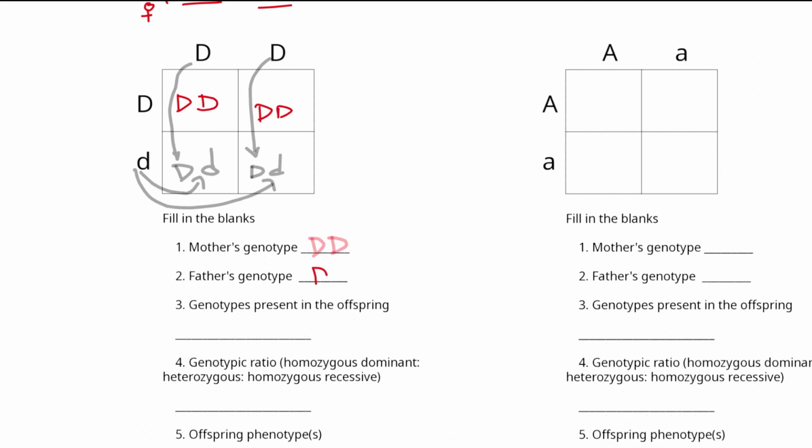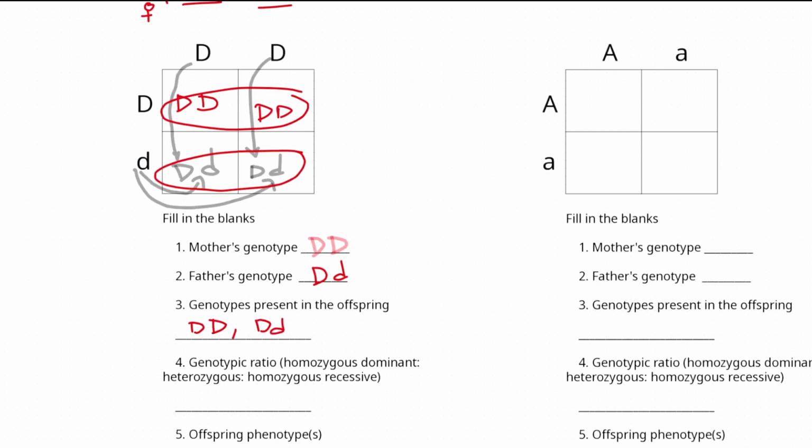The genotypes present in the offspring. So we have two that are big D, big D, and two that are big D, little d. So we have the big D, big D, homozygous dominant, and the big D, little d, heterozygous.